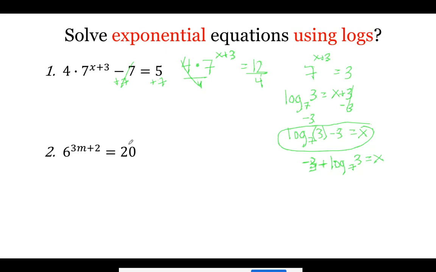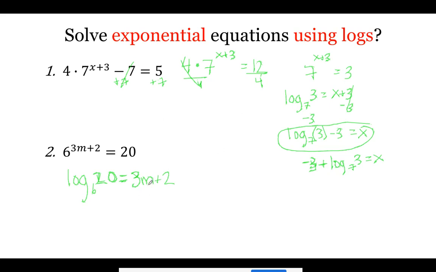What about this one? So right away, we got to change it to a log, right? So the exponent that turns 6 into 20 is 3m plus 2.